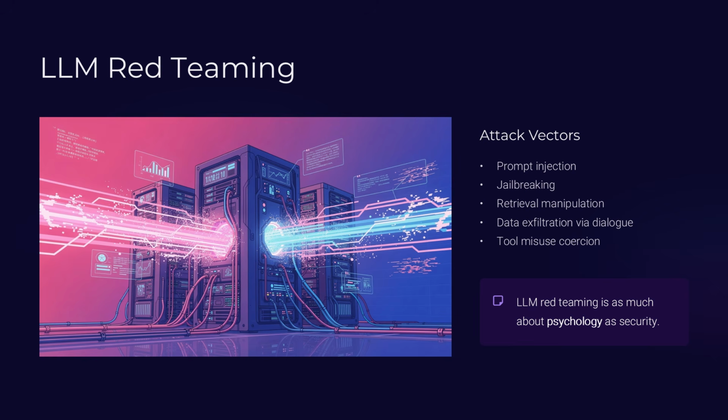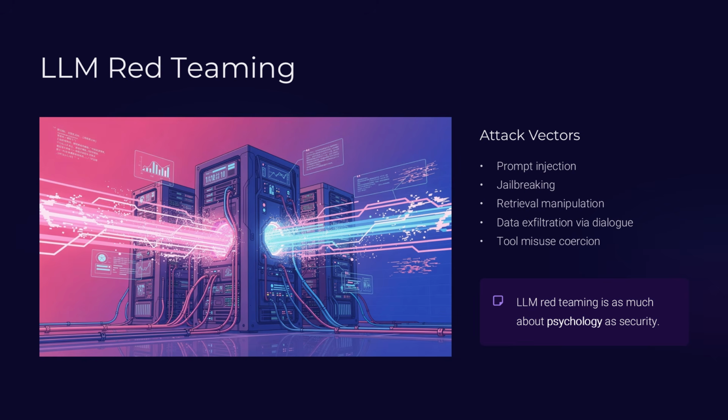Unlike traditional security testing, large language model red teaming often involves social engineering style techniques. Attackers may phrase requests politely, indirectly, or progressively. They may use hypothetical scenarios. They may ask the model to roleplay. They may create multi-step chains to gradually erode guardrails.